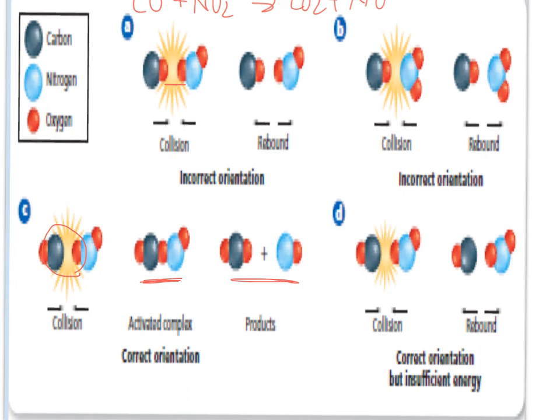In D, you see what appears to be the same collision, but not quite as much energy, which is being symbolized by this kind of haystack looking thing. So even though it had the correct orientation, there wasn't enough energy to actually cause the reaction to happen. So need the collision, need it in the right place, the correct orientation, and need the correct energy.